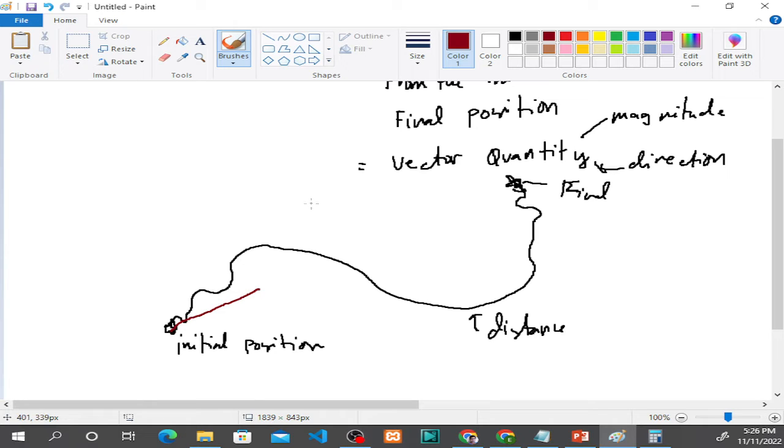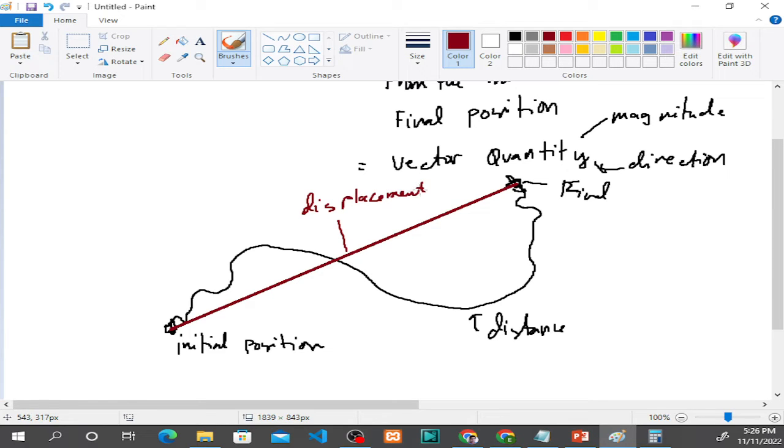This one matters the most. That is what you call the directed distance, and this thing right here that joins point A and point B, or initial and final position, is what you call the displacement.